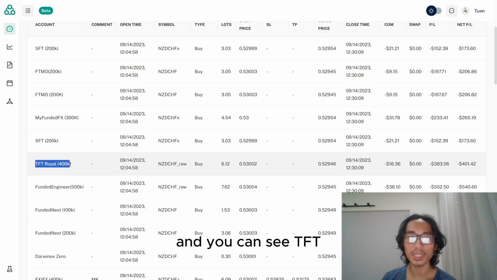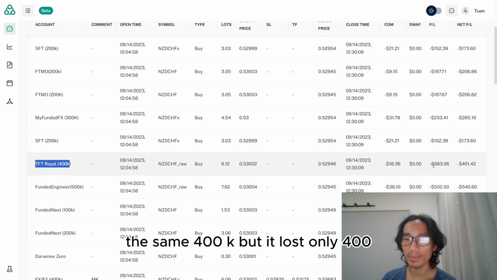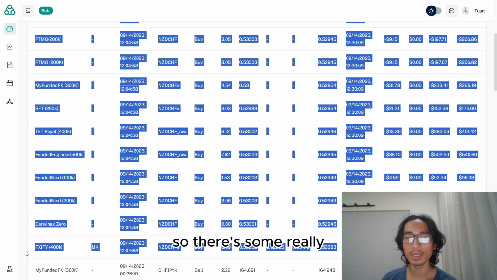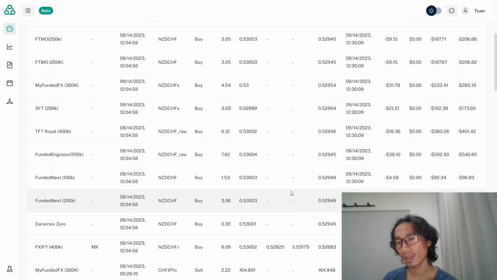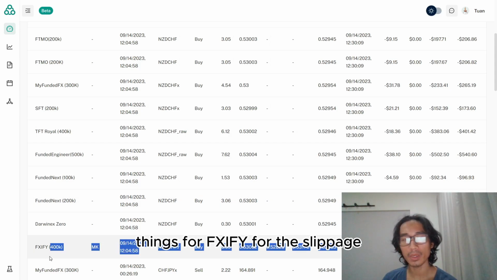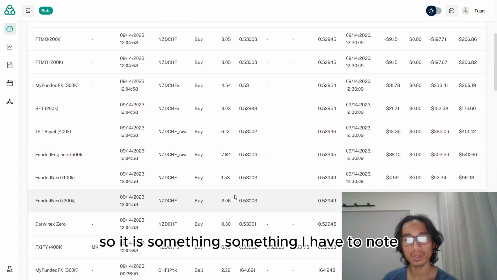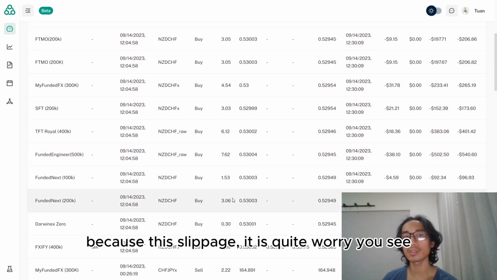You can see TFT, the same 400k, lost only 400. So there's something quite unfortunate about the slippage at FXify. This is something I have to note because this slippage is quite worrying.